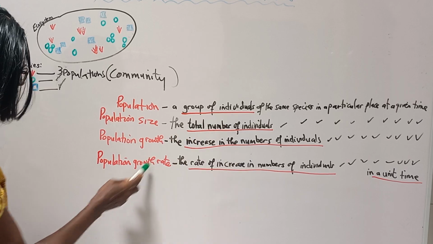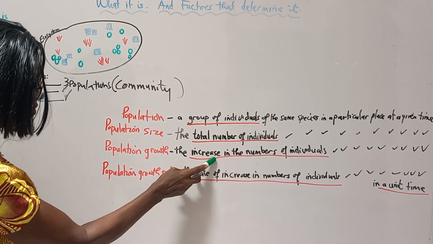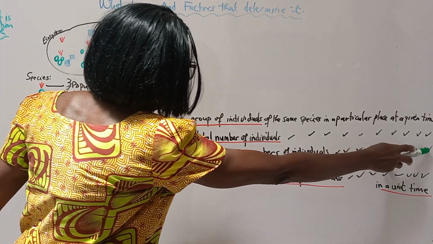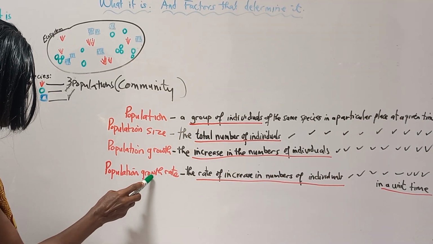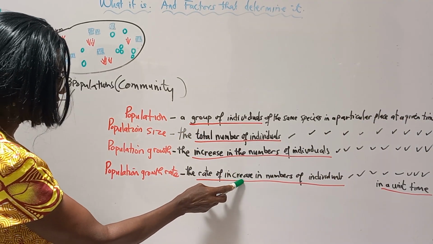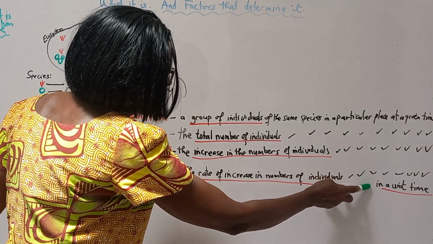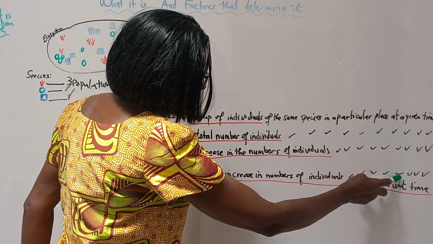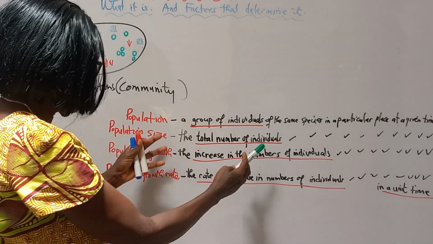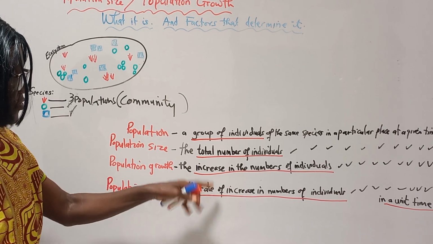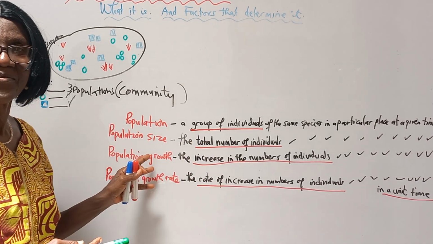See the difference? Population growth: the increase in the numbers of individuals of the same species. Then population growth rate: the rate of increase in numbers of individuals of the same species in a particular place in a unit time. So once you get this, you can easily explain or define the rest.